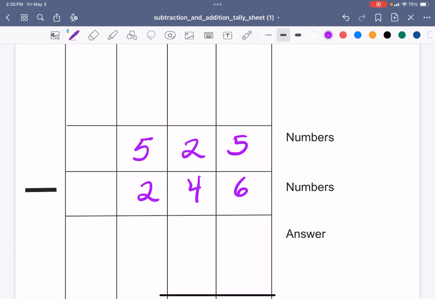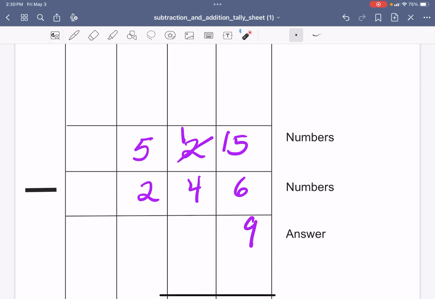Okay, let's do it. So we can't do 5 minus 6. So we're going to cross out the 2, make that a 1. And the 1 that we borrowed, we're going to give it to the 5. And the 5 is going to become 15. So 15 minus 6 is 9.